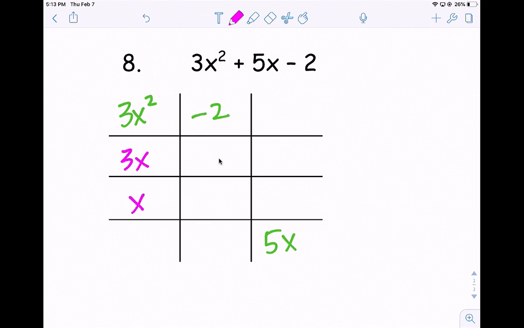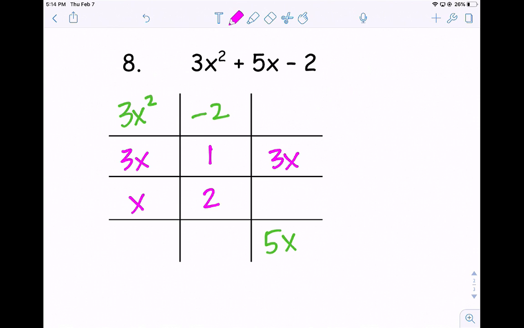So now I'm looking for what 2 factors will give me 2. Well, 2 is prime, so I only have 2 and 1. I get to choose, though. Do I put the 2 in the top box and multiply by 3, or 2 in the bottom box and multiply by 1? So let's say I do this, 1 and 2, like that. Multiply across, 3x times 1 is 3x.